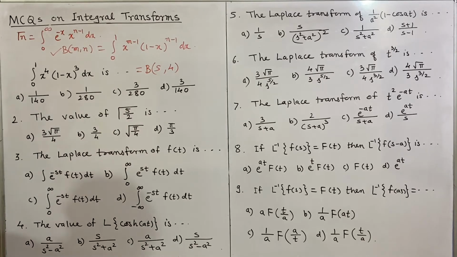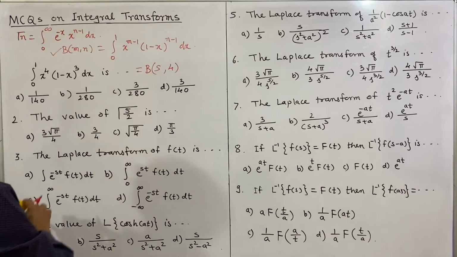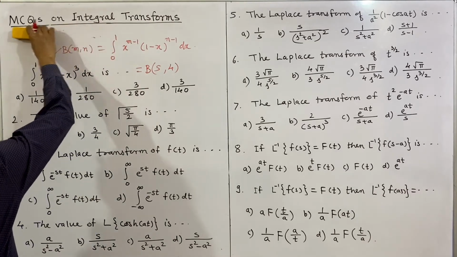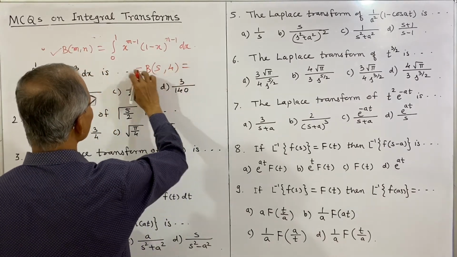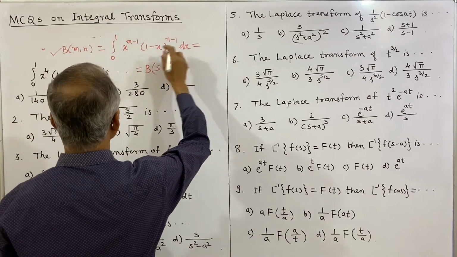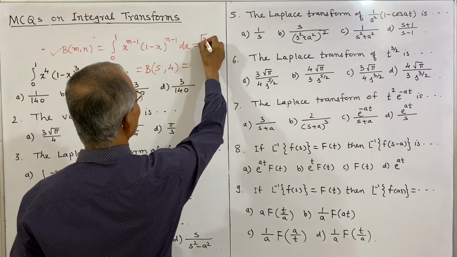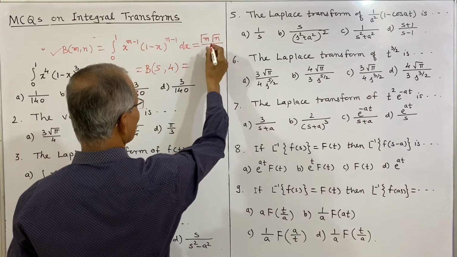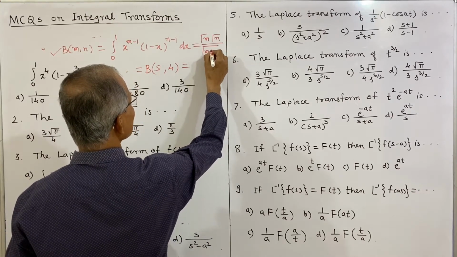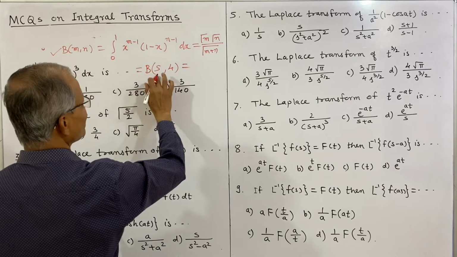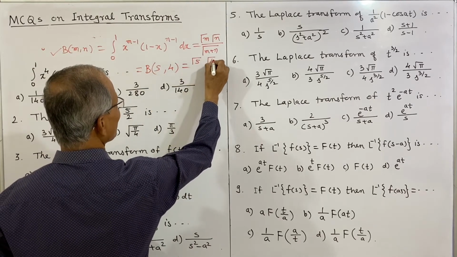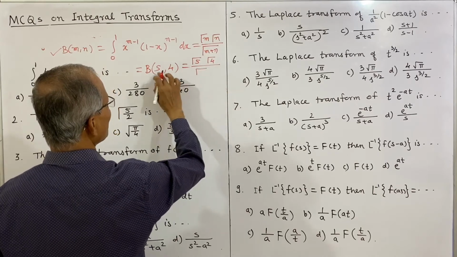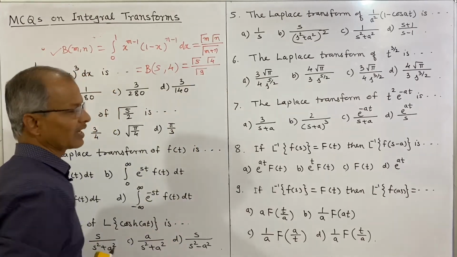So therefore this is beta of 5 and 4, but the value is given in this form, and therefore we have to use again the relation between beta function and gamma function. So this is to be converted into gamma function form, and that we have it as beta of m and n is gamma of m, gamma of n divided by gamma of m plus n. And now m is 5, so this is gamma of 5, gamma of 4 divided by gamma of 5 plus 4, that is gamma of 9.